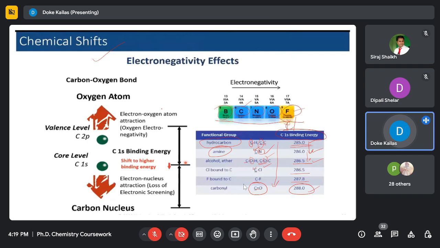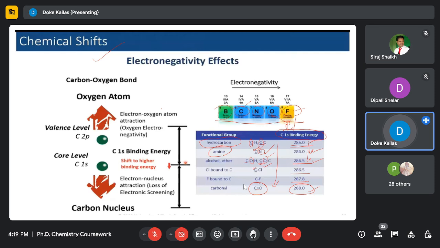Then this carbon is bonded on one side with carbon, and it is also bonded with carbonyl oxygen and a single bonded oxygen. Again, the binding energy increases by 2 electron volts. So the electronegativity effect plays a role.